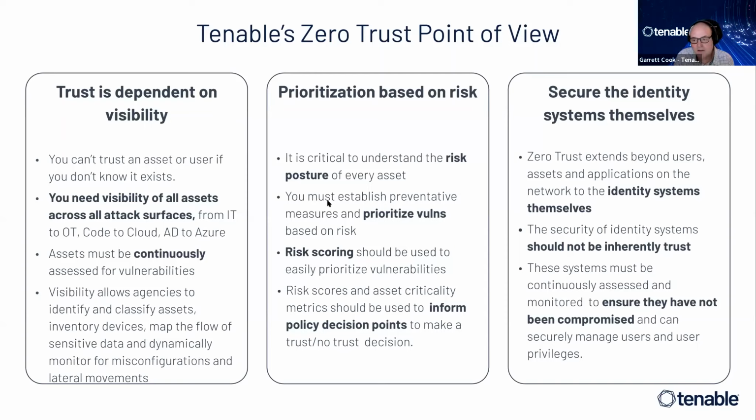And then the third pillar here is this idea that at the very foundation of zero trust are the identity systems that enforce access and authorization. And in some cases, the policy decision itself may be coming from the identity systems.